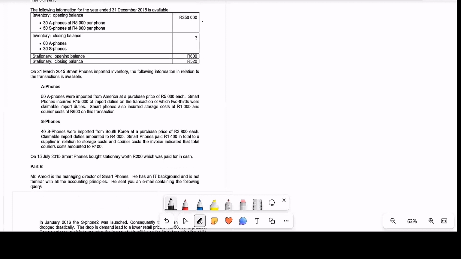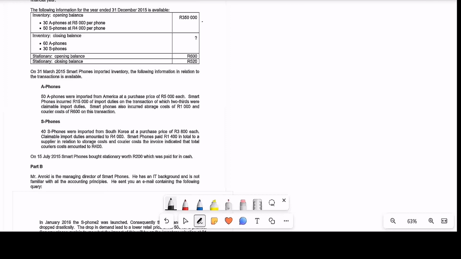So remember, guys, with inventory, we're only going to capitalize costs that will be incurred to get the inventory into its working condition. So basically, all the costs that will be incurred to get the inventory to our premises so that we can use it will be capitalized.